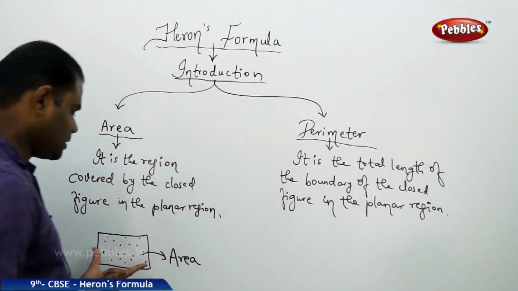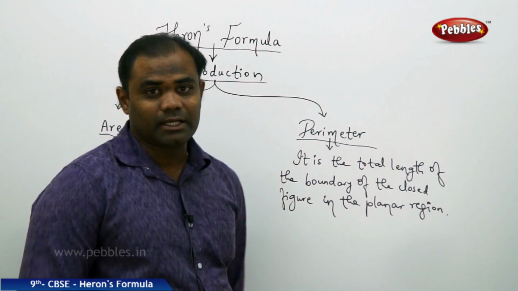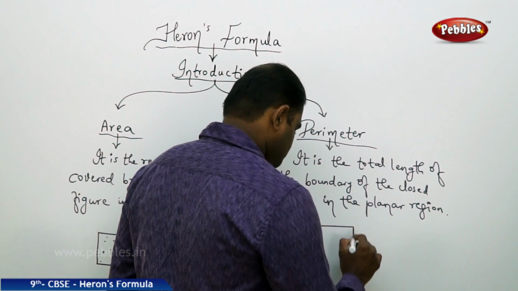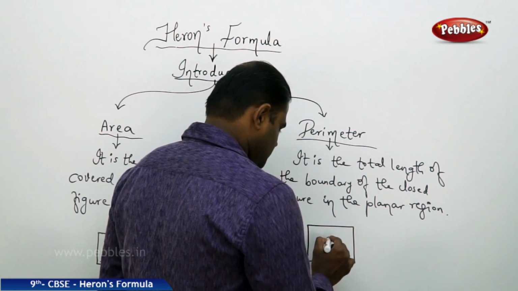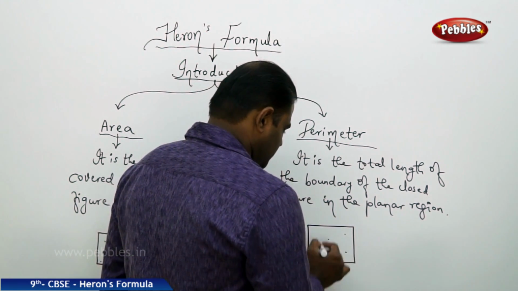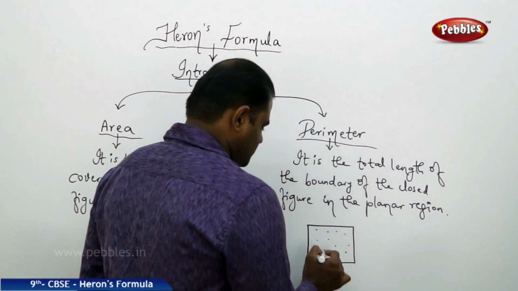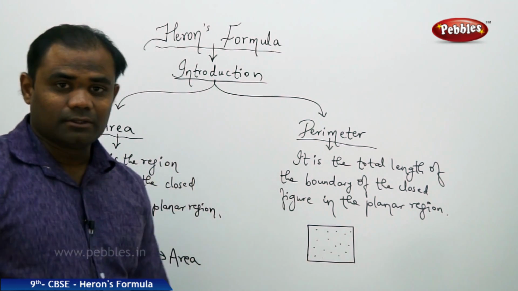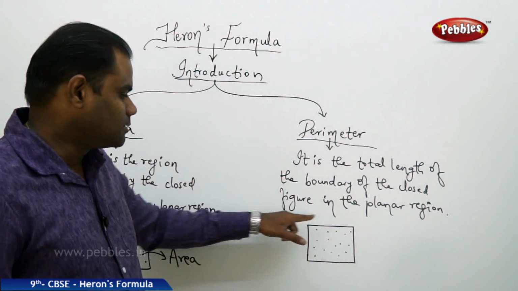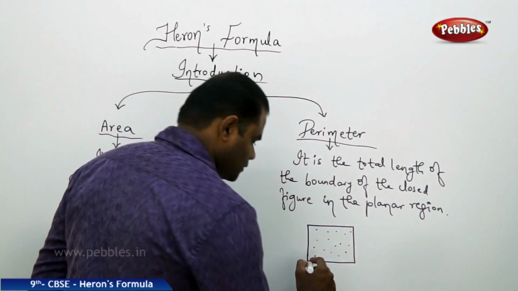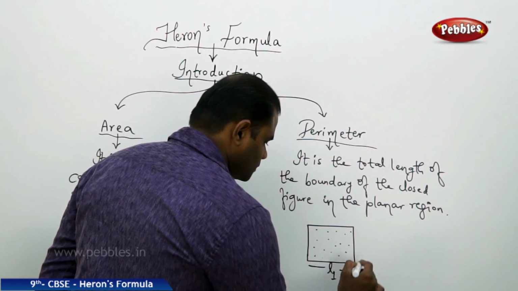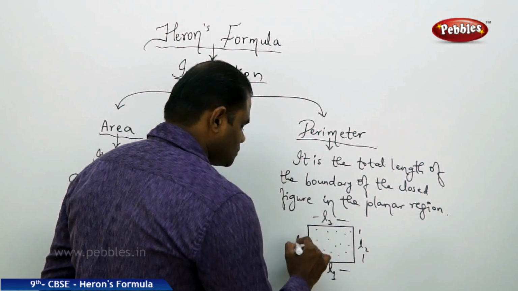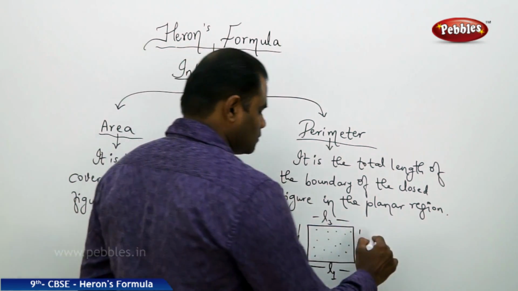Let's take the same example of a rectangular plank as the model. No doubt this is the area, but when it comes to the perimeter, we take the total length of the boundaries. Say the length of this boundary is L1, this one is L2, and so on up to L4.